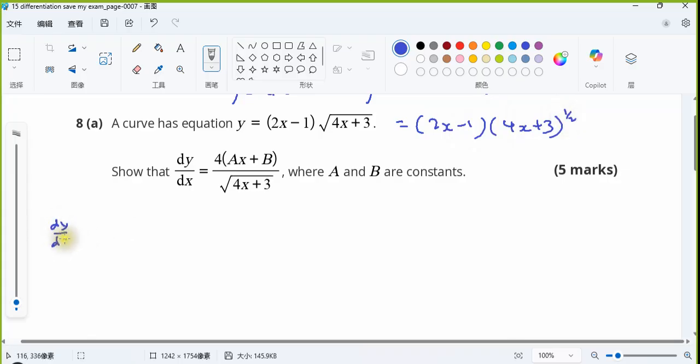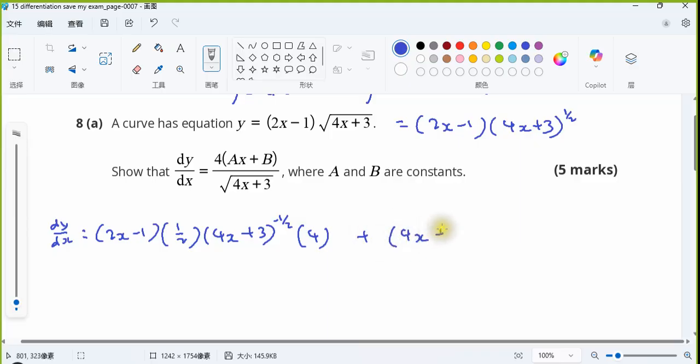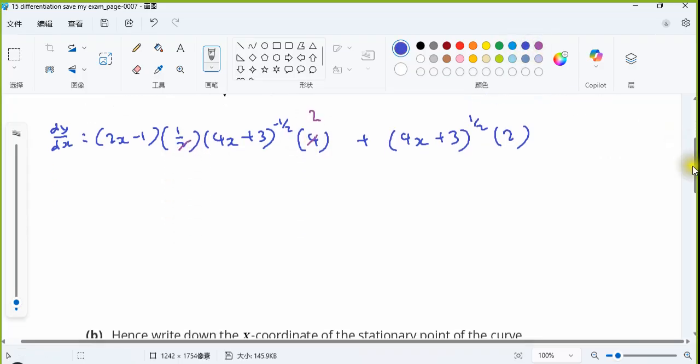So dy/dx will be 2x minus 1 times half, 4x plus 3 to the negative half, times 4, plus 4x plus 3 to the power half times 2. Okay, 2 and 4 here cancel.